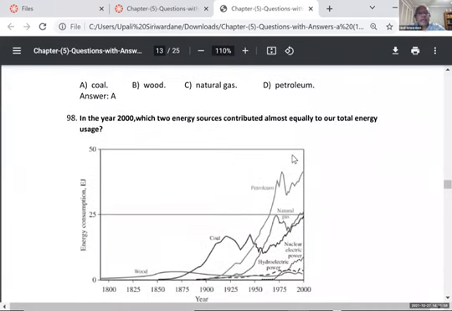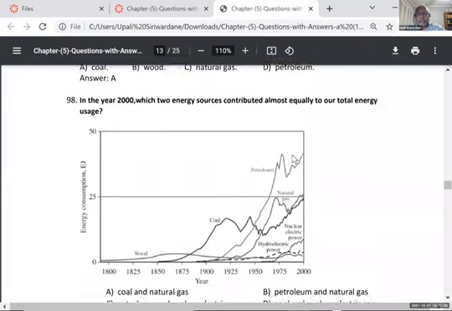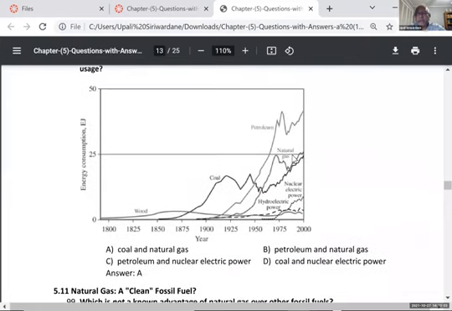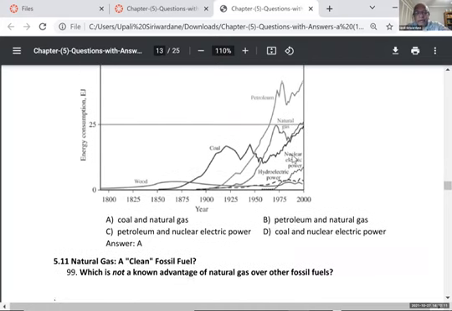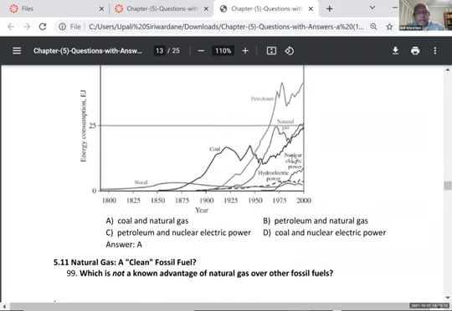What is the question? In the year 2000. Okay. Coal, natural gas, petroleum is the top one, nuclear energy. Coal and natural gas were the topmost.